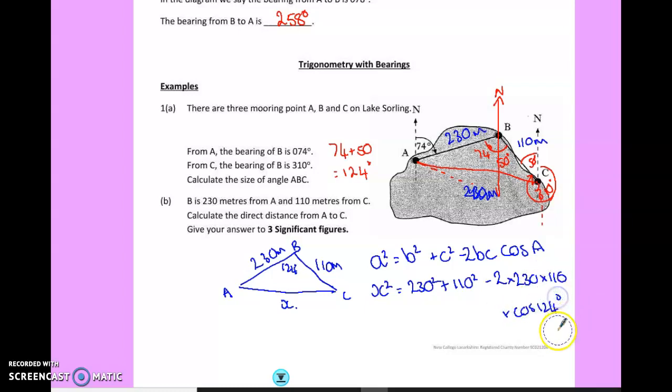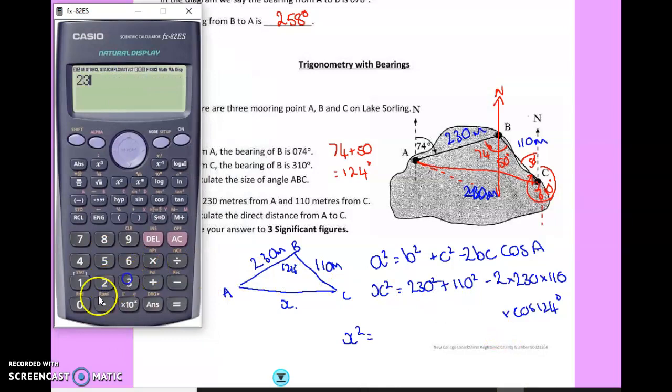I don't think I've given myself enough room to do one of these questions yet. So x squared is, let's get the calculator working, 230 squared plus 110 squared minus 2 times 230 times 110 cos 124.